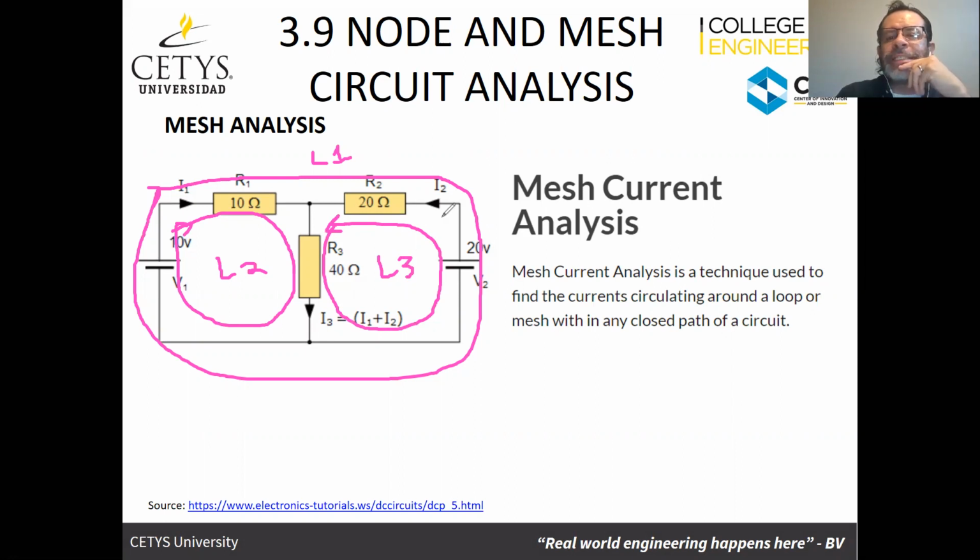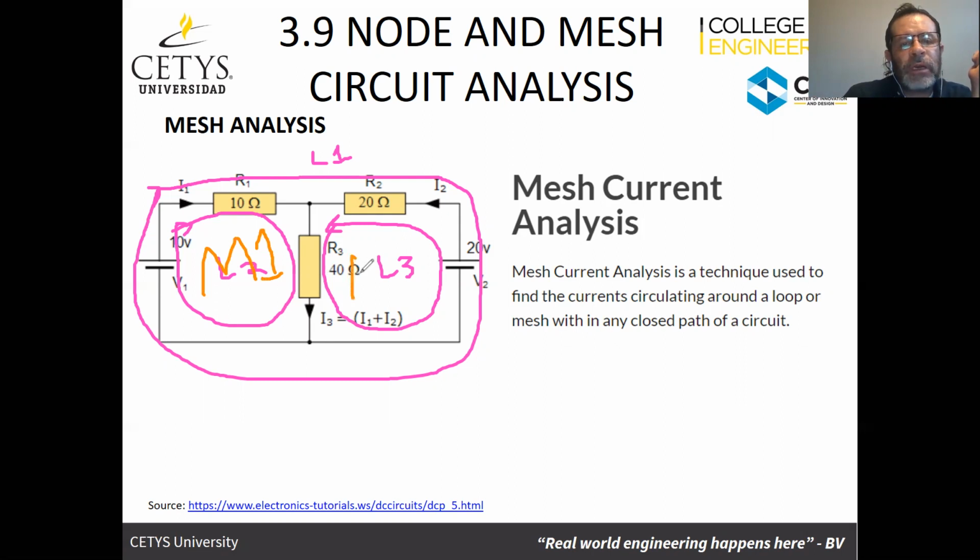Now, does somebody remember what was the difference with a mesh? So that was a loop. What was the difference with a mesh? Yeah, that it only had one loop inside or something like that? Kind of like that. Camina, you're on the right track. So a mesh only has one loop within it, so a mesh doesn't have more than one loop inside it. For example, L2 that I marked here is a mesh because it doesn't have any other loops in it.